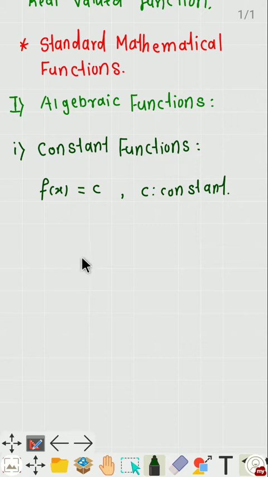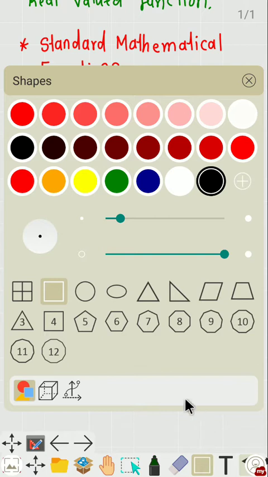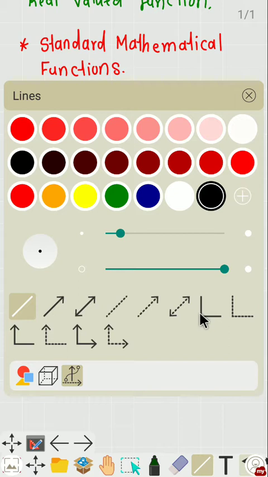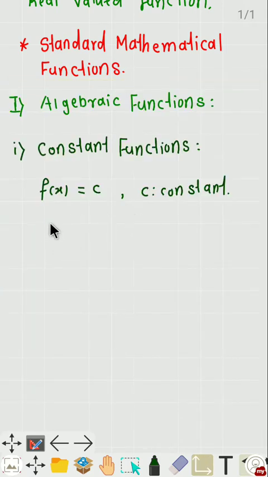So I would like to draw a graph for this constant function. Suppose this is our x-axis and y-axis coordinate system.